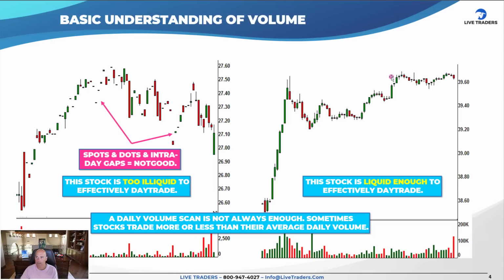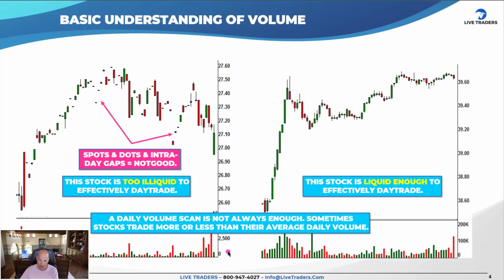Okay? Now, basic chart. Very, very basic. On the left side, okay, what is the left side? Spots and dots. That's what we call these. See all these little dots? This is actually trading. Remember when I said earlier, you can push a stock up on 100 shares? Let's go all the way down to the bottom for a minute.